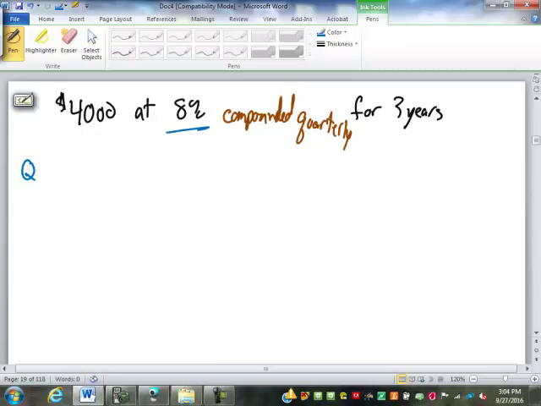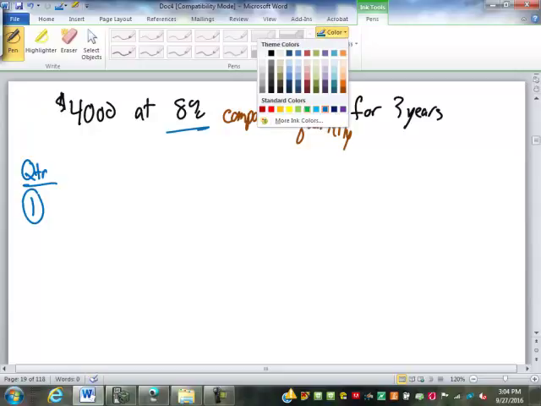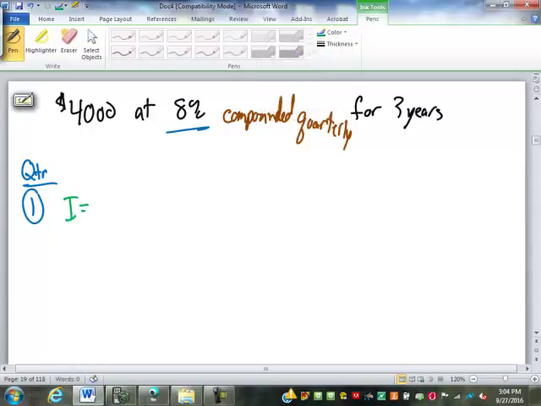So let's look at each quarter here. So for our first quarter, the interest we earn is off the 4,000 times 0.08 times a quarter of a year, 1/4. You can put in 3/12 if you wanted to, but it's a quarter.